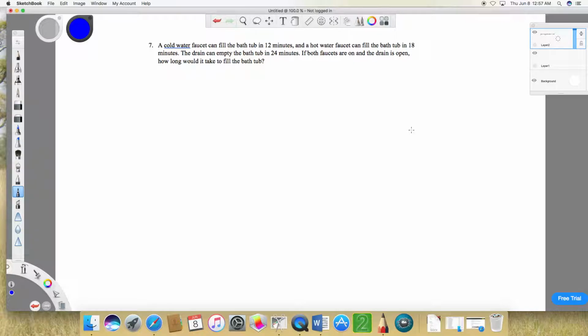All right, so let's look at the part of the job that's completed on a per minute basis. What part of the job is completed minute by minute? If it takes 12 minutes for the cold water, during that 1 minute its contribution towards filling the tub is 1/12.